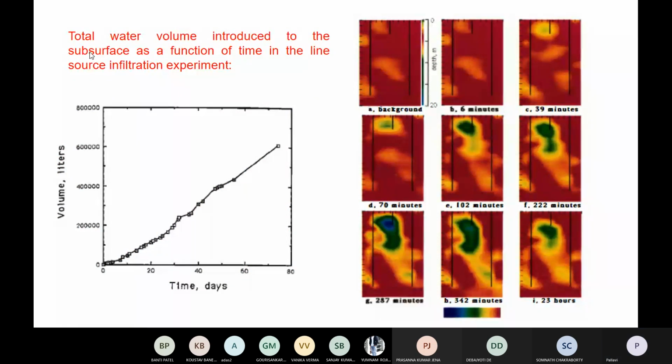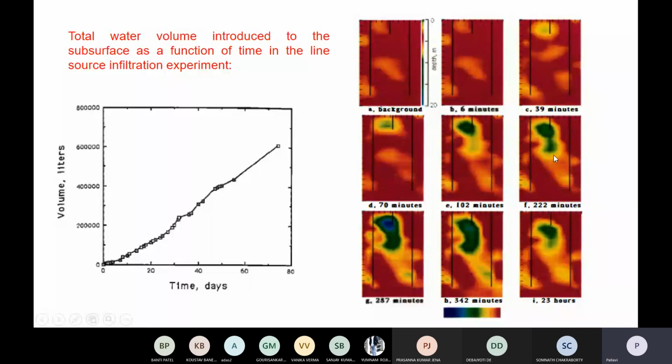Volume in liters and time in days, right? So up to 75 or 70 days they did all this experiment. It means the conductivity of the vadose zone is quite low. And they found the movement of water. This is the movement of water, how it is moving.